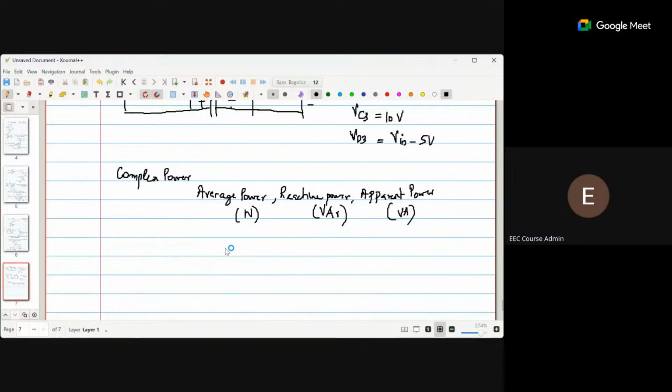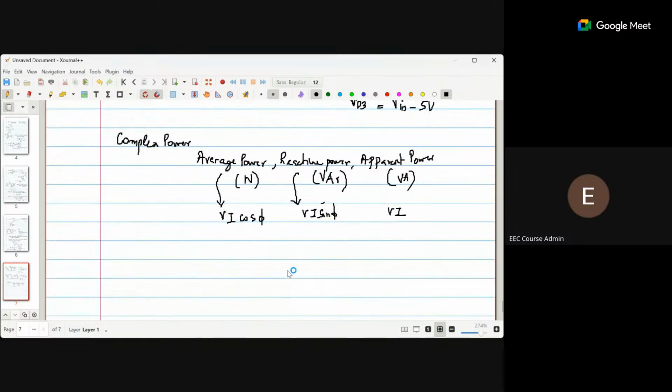So Vi cos phi will be your average power, reactive power will be Vi sin phi, and apparent power will be Vi. Okay. Where this cos phi is actually the power factor.